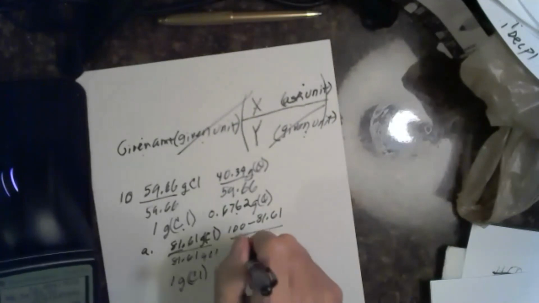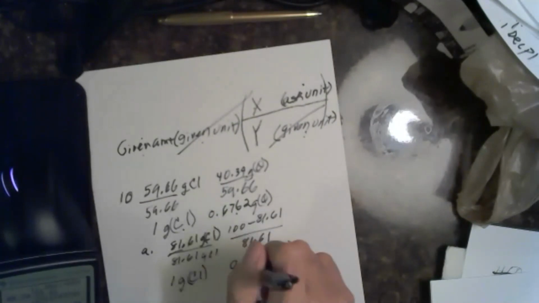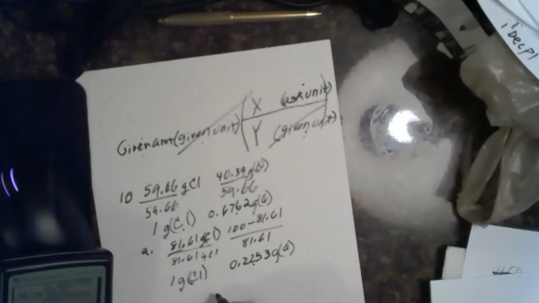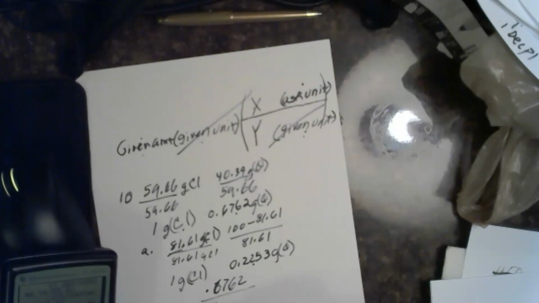Now, if this is correct, these two numbers should divide out to be a whole number, or the ratio of whole numbers. That is, if I take 0.6762 and divide by 0.2253, well, what would I get? Well, I've got the 22534.